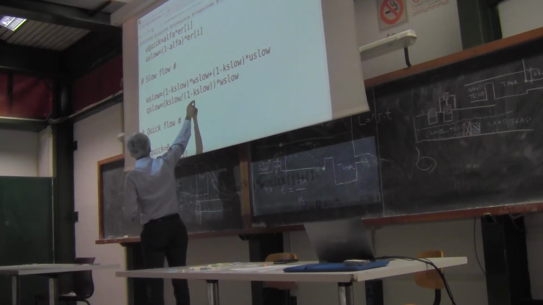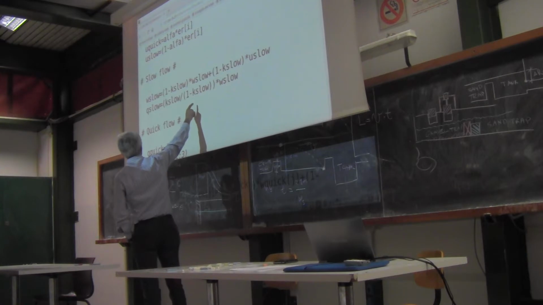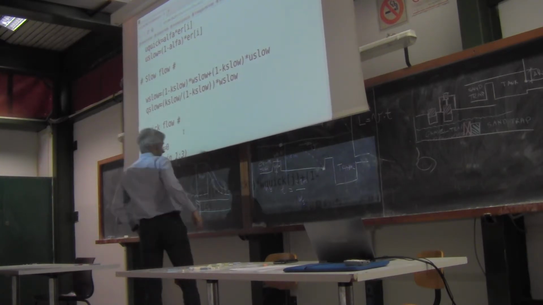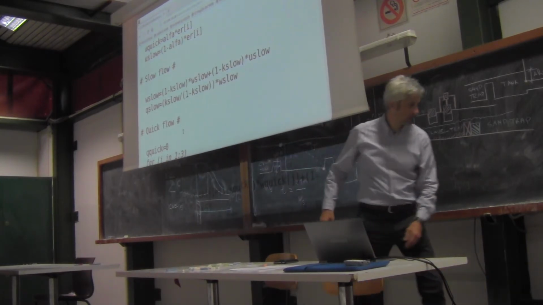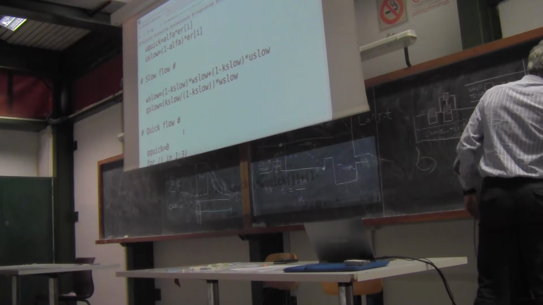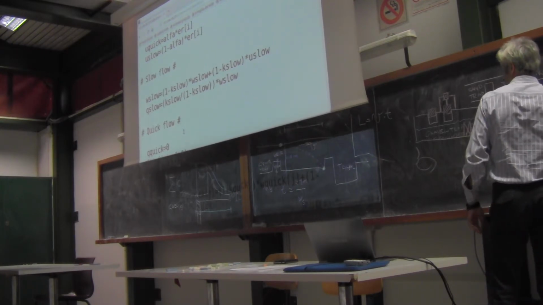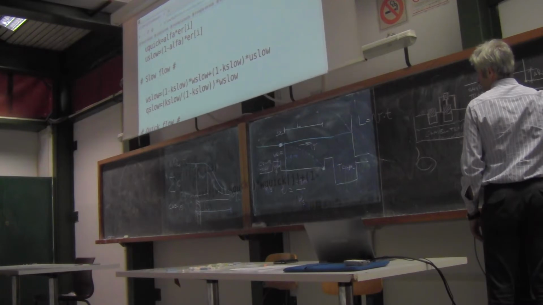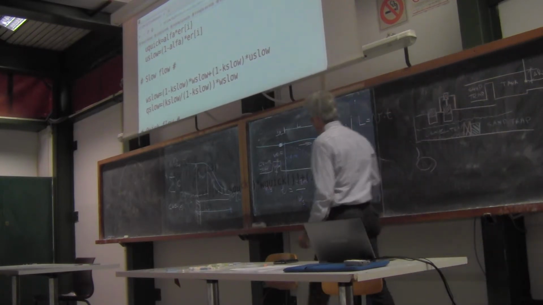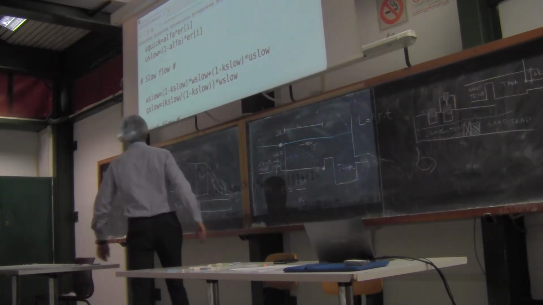So this is the slow flow component, and these are the formulas that allow me to apply the linear reservoir. Let me recover a piece of blackboard. Okay, it's still there.